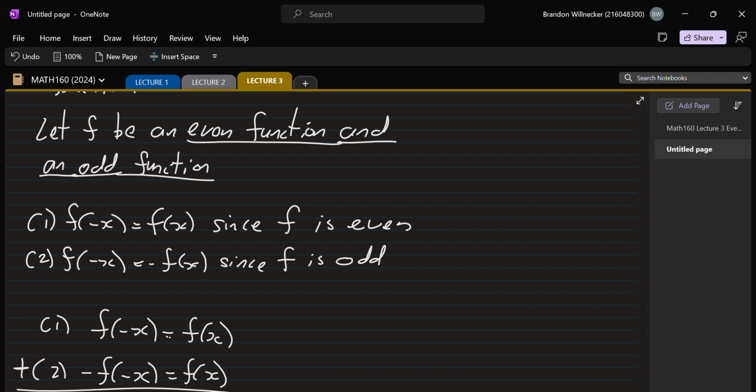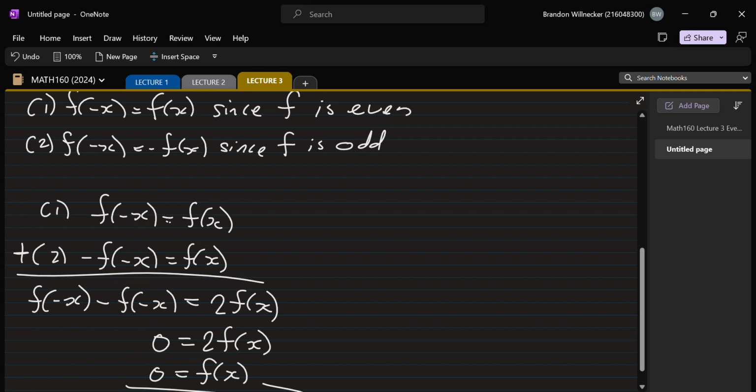So that's just from the definition. And then from that, we get equation 1 and 2, and we just add them to get to our conclusion.